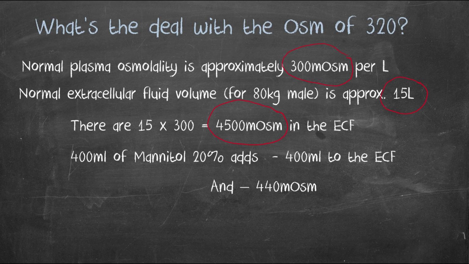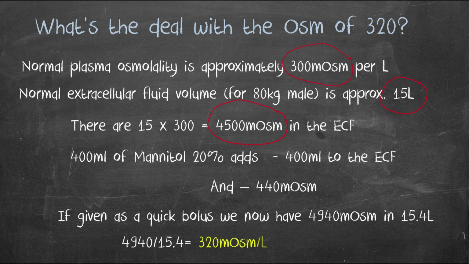If given as a quick bolus, we now have 4,940 milliosmoles in 15.4 litres, which works out at 4,940 divided by 15.4, or 320 milliosmoles per litre.